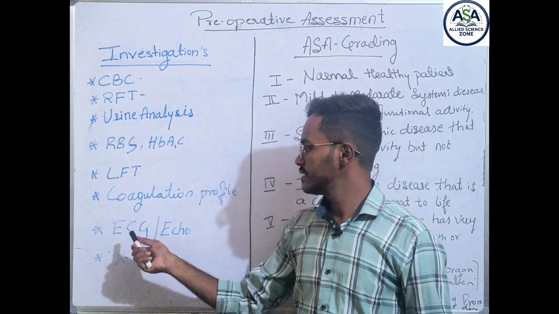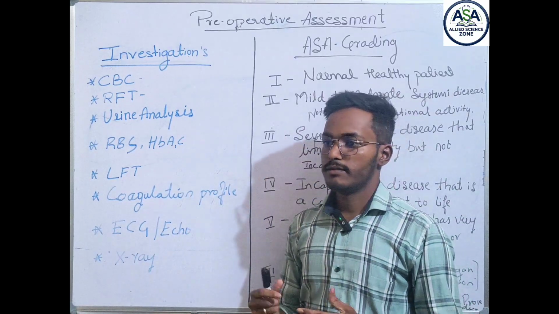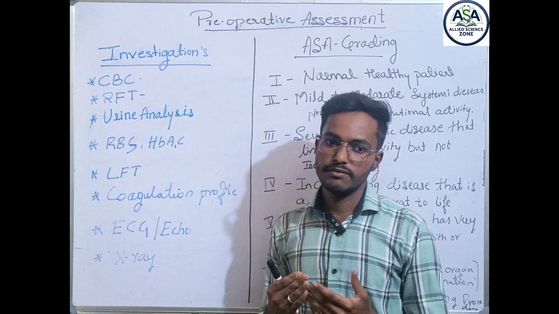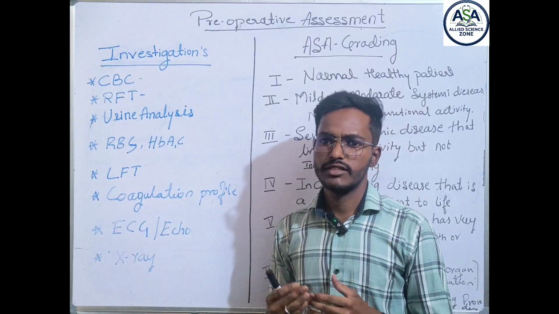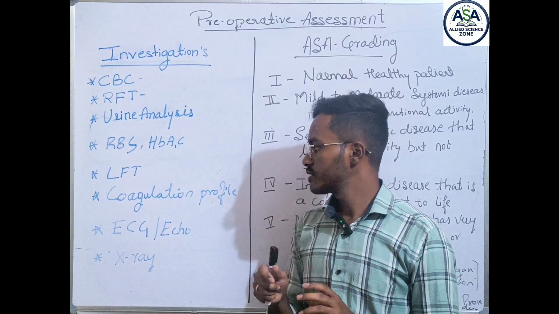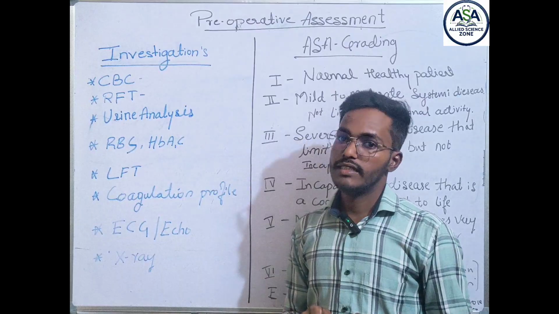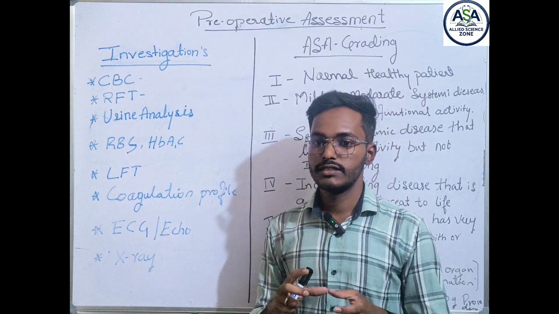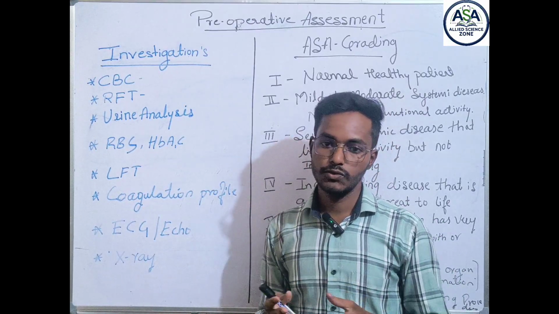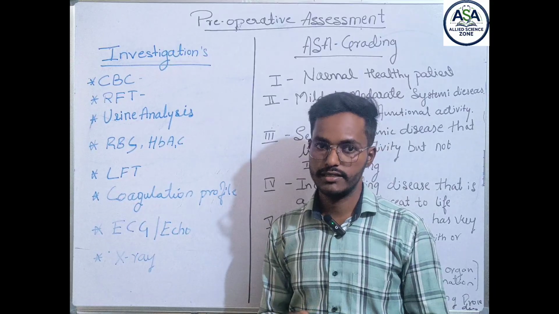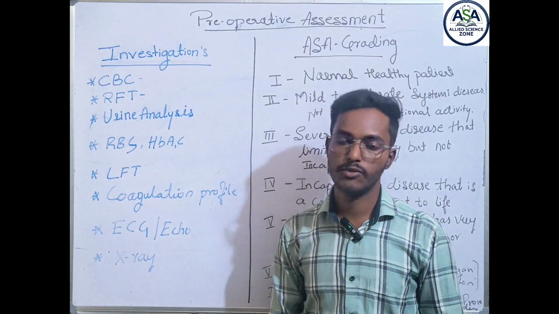Next one is ECG and echo. In males more than 40 years and females more than 50 years, usually the ECG is done. Nowadays, even in younger ages there are some conditions with heart diseases. That's why ECG is very important.